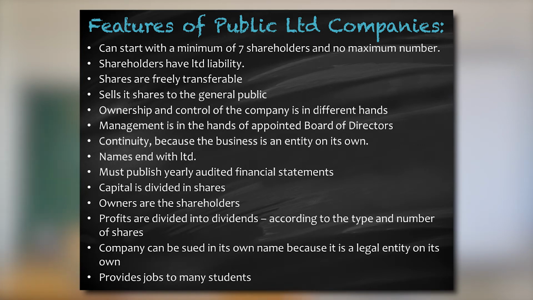And then shareholders will have limited liability. They are not responsible for the debts of the public company. It's very important that you understand the legal person and understand the effect of this. It can be asked as a definition.